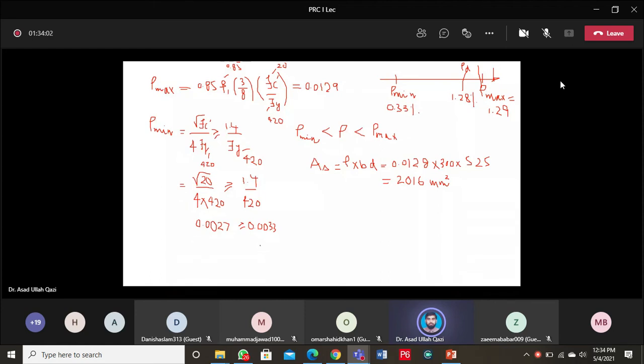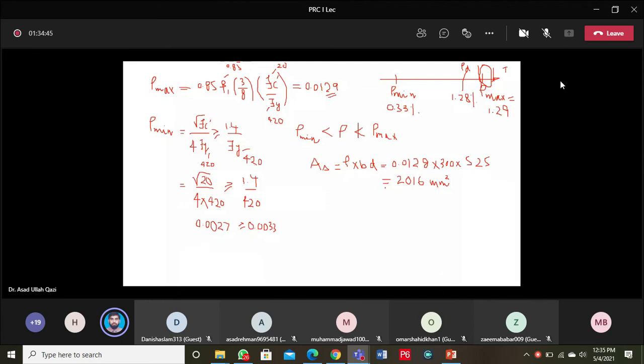Not acceptable. Also keep rho less than rho max. Don't round up to that degree that you enter the transition domain, because you are already very close to 0.0129.